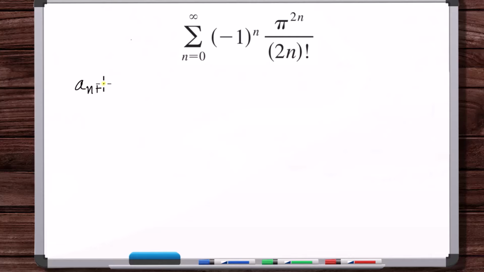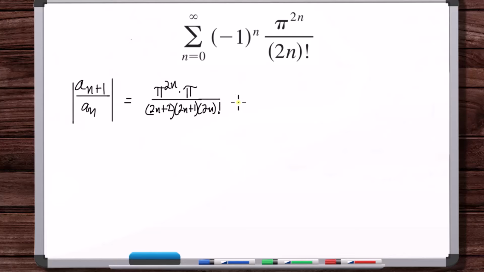Right, we just take this out. So we've got pi to the 2n plus 1, which is pi to the 2n times pi. And then 2 times n plus 1 factorial is 2n plus 2 factorial. We want to write 2n plus 2 factorial this way: 2n plus 2, 2n plus 1, and then 2n factorial, because we're going to cancel that 2n factorial.